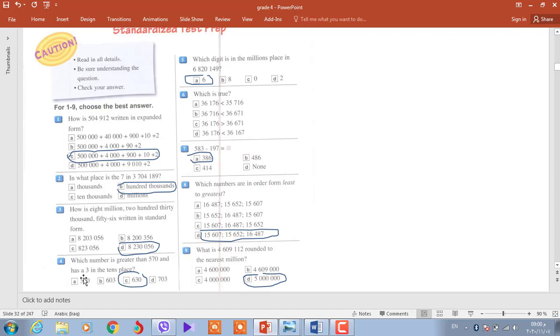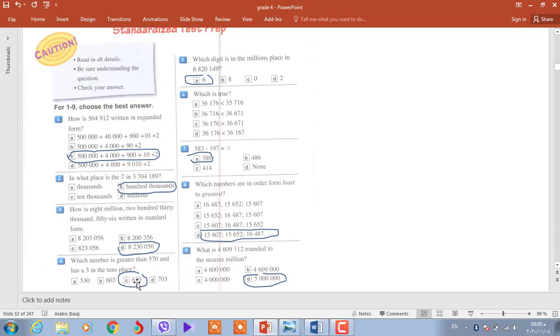In question 4, which number is greater than 570 and has 3 in the tens place? We have 530, 607 greater than 570, but we don't have 3 in the tens place. We have 0. And in C, we have 630. This one is greater, and in the tens place we have 3. This one is also greater, but we have 0 in the tens place.